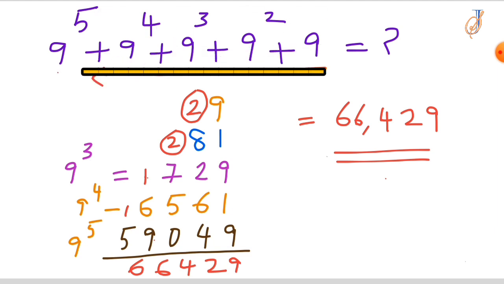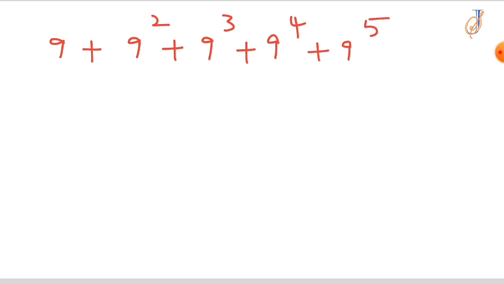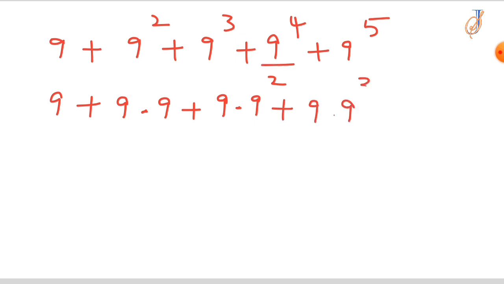You have to start from 9, then you write 9 plus 9 power 2 plus 9 power 3 plus 9 power 4 plus 9 power 5. This expression we can write it as 9 plus 9 power 2, which is nothing but 9 times 9, plus 9 power 3, we can write this as 9 times 9 power 2. 9 power 4, we can write this as 9 times 9 power 3, plus 9 power 5, we can write it as 9 times 9 power 4.